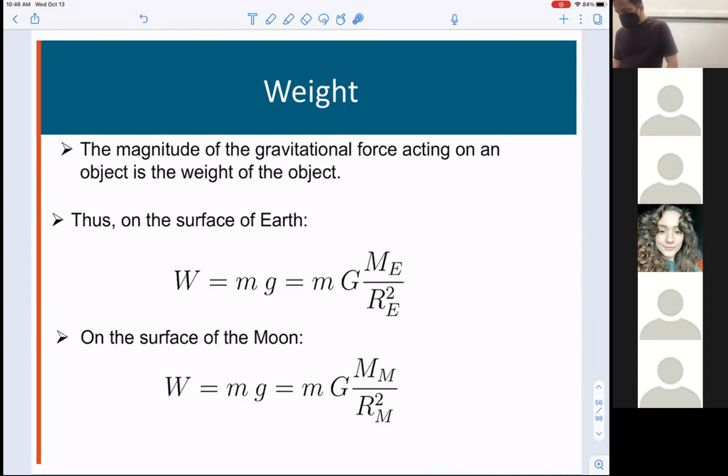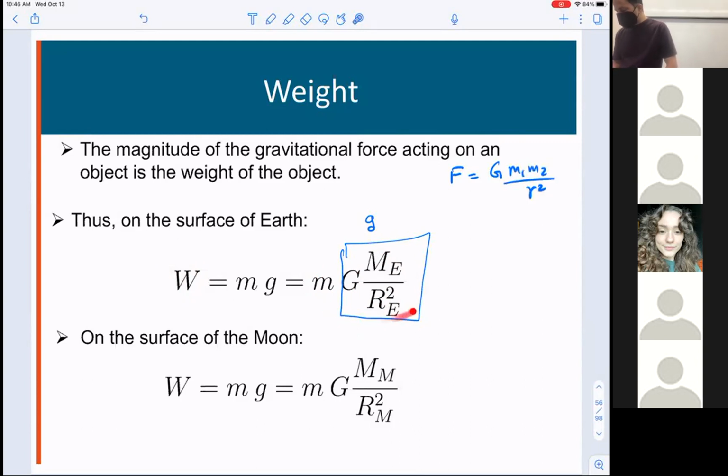So the weight of an object is equal to the gravitational force, which is G times the mass of the Earth times the mass of the person divided by their distance squared. But this combination here, remember, we're giving it a name, we're calling it g. Let me write it out here. The force due to gravity is G m1 m2 over r squared.